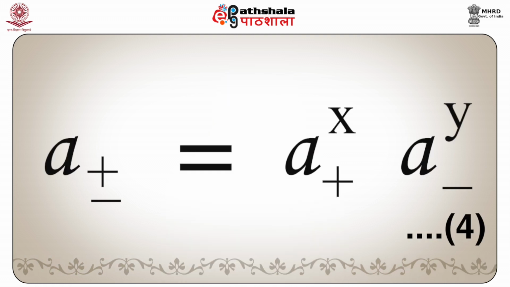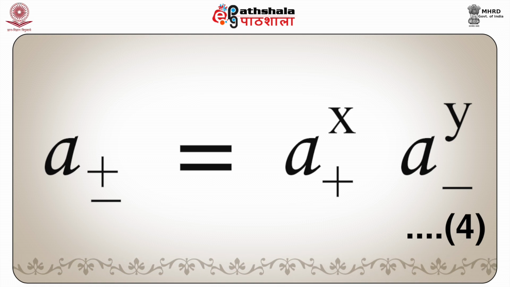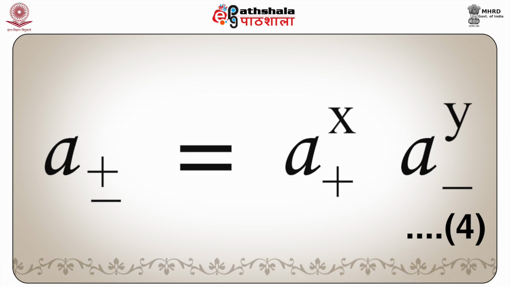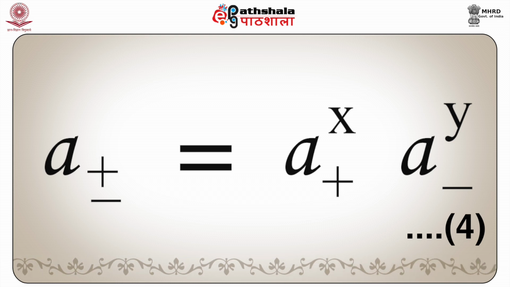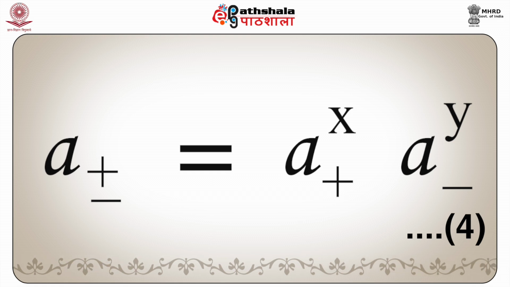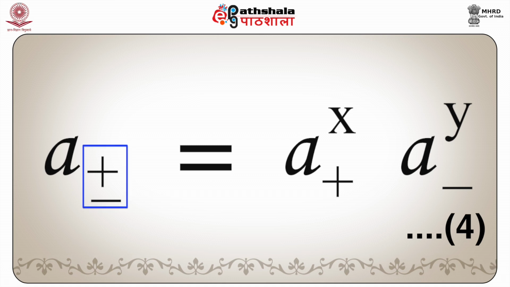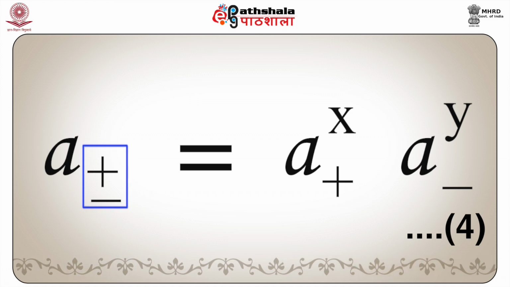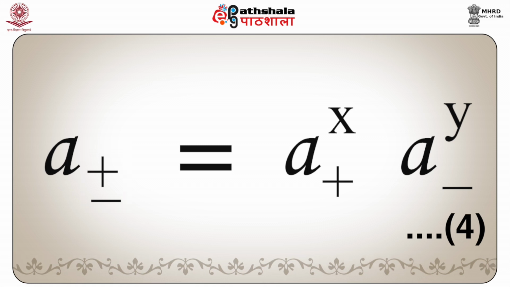If the activity of the cation and anion is A+ and A- respectively, then the mean activity is given as A± is equal to A+ raised to power x into A- raised to power y. The symbol plus-minus refers to the mean ionic variable and is defined in terms of the number of ions.